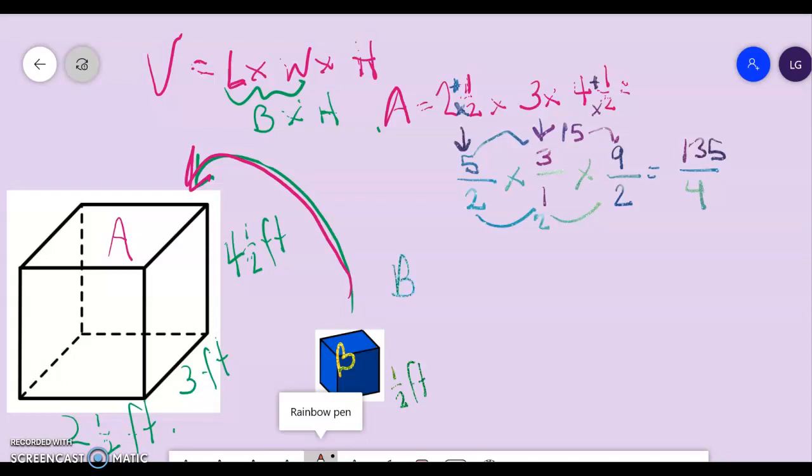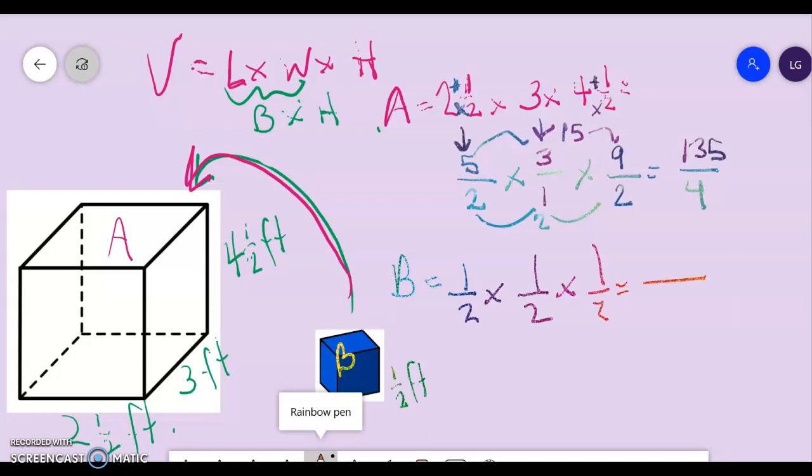So it'll be length times width times height, which is 1/2 times 1/2 times 1/2. I will tell you, this is the most common fraction you will encounter in doing this, so if you can memorize it, that is really beneficial. Same thing with 1/4, although 1/2 is probably more common.